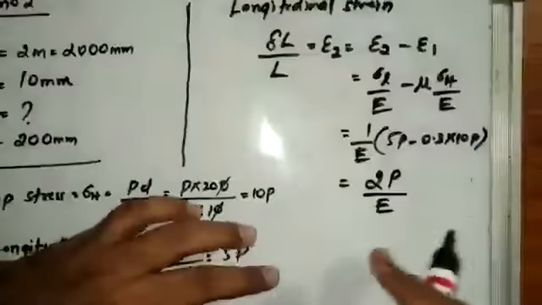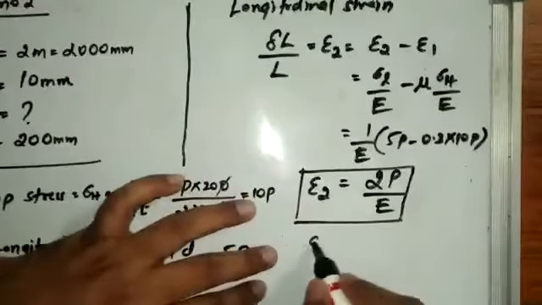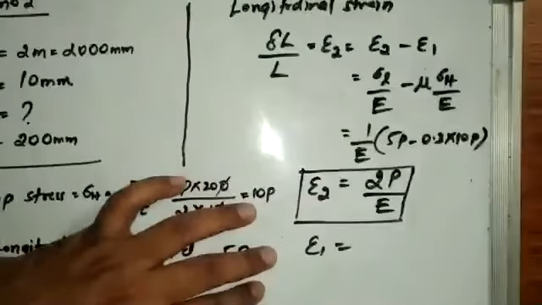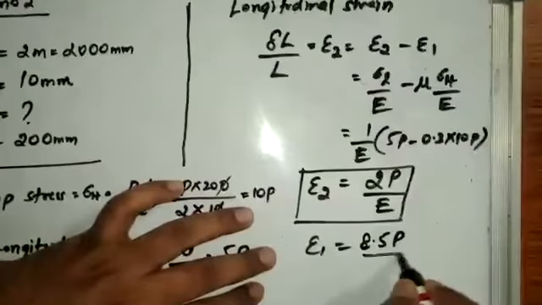Sir, 2. 2, 3 upon E. Keep that E as it is so that it will be easy for us to solve in the end. Okay, keep that E as it is. So we get the two equations. This is 5p, correct? 8.5p upon E.